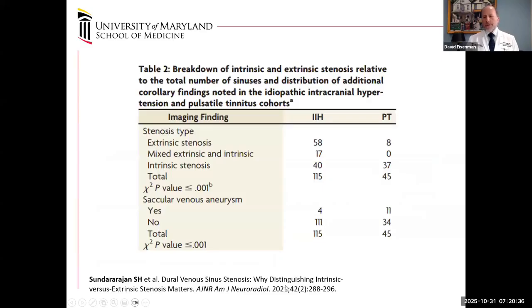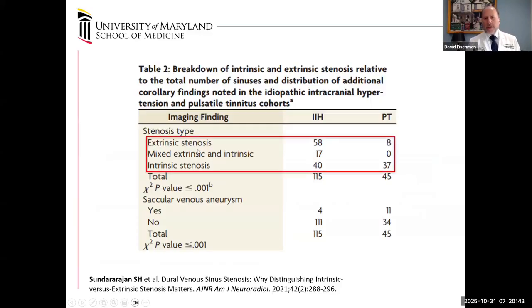Athos Patsalidis, who was up at Northwell in Long Island, noticed a few things that other people did not notice. First of all, he compared the type of stenosis in his IIH patients to his PT patients. In the IIH patients, it was an extrinsic extraluminal compression in many of them, and in some of them it was intrinsic, meaning an arachnoid granulation.